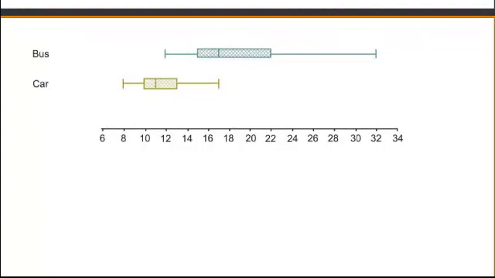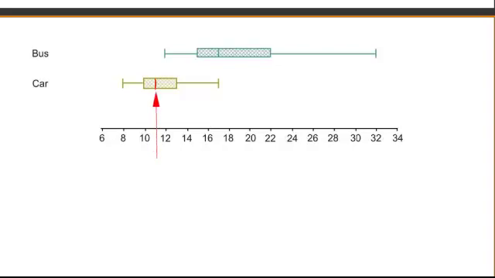All right, so the last thing I want to do is show you guys how to find the measures of center from a box and whisker plot. We're going to start with the median because it's the easiest to find on a box and whisker plot because it's marked for us. So for my car, my median is marked right at that center line. So if I draw a line going straight up to my median, my median is going to be about, let's say, 11.